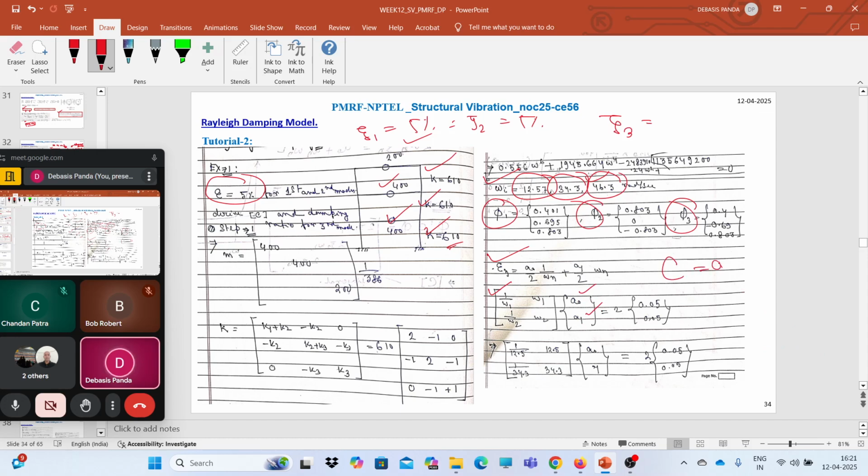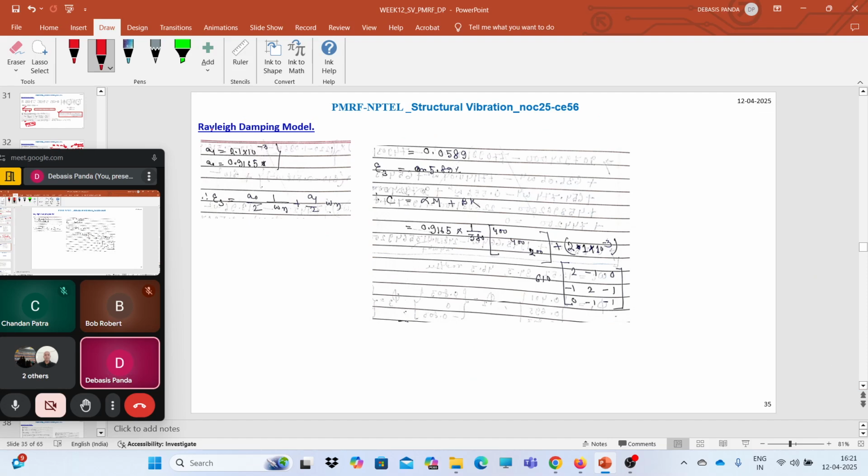Once we find A naught and A1, we can easily use the formula C is equal to A naught M plus A1 K. So here A naught and A1 are given, and we can easily formulate the value of zeta 3. Zeta 3 is nothing but A naught by 2 times 1 by omega 3, plus A1 omega 3 by 2. Now just put in these values: 2.1 into 10 to the power minus 3, divided by 2 into omega 3.